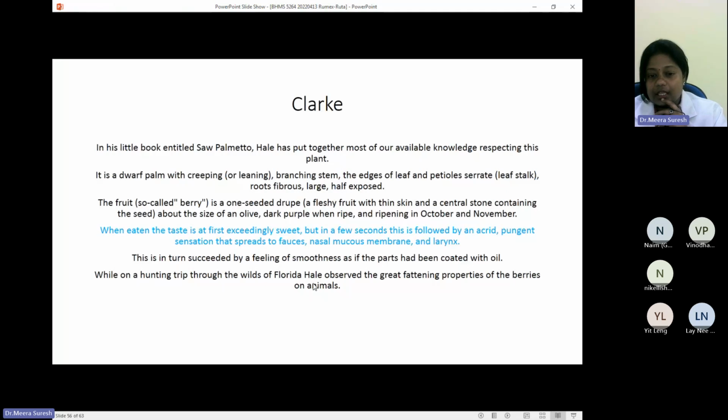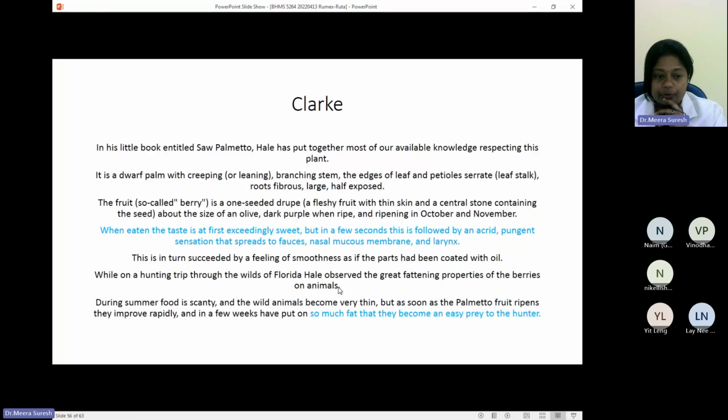This is how he got to know that Sabal Serrulata has an action on nutrition. While on a hunting trip through the wilds of Florida, Hale observed the great fattening properties of the berries on animals. During summer, food is scanty and the wild animals become very thin.